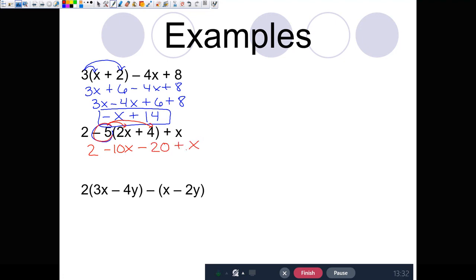Okay, now I'm going to rewrite my like terms next to each other. You want your variable first. So I'm going to have negative 10x plus x plus 2, because this is a positive 2, minus 20. Okay, what is negative 10x plus x? Negative 9x. And what is 2 minus 20? Negative 18.